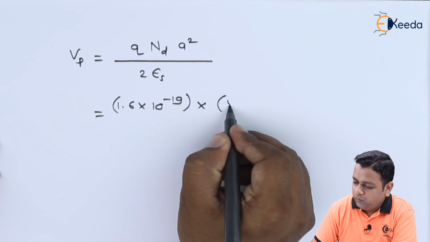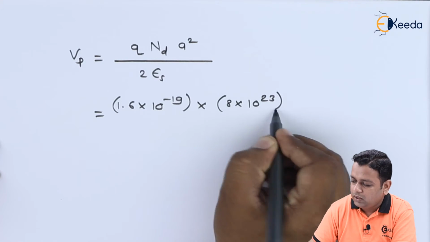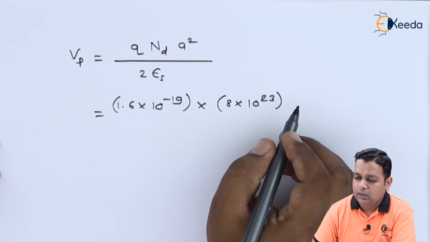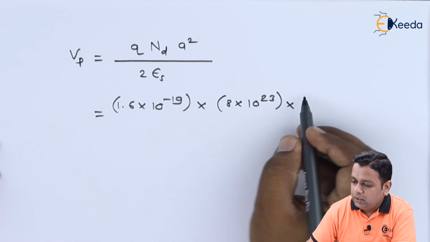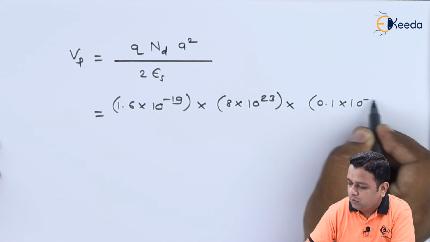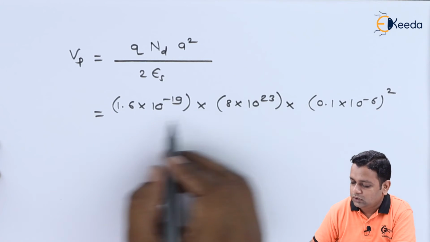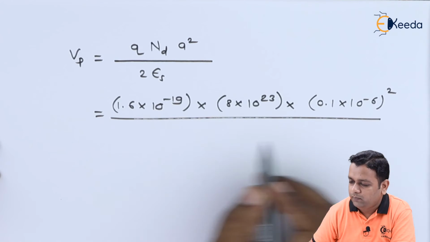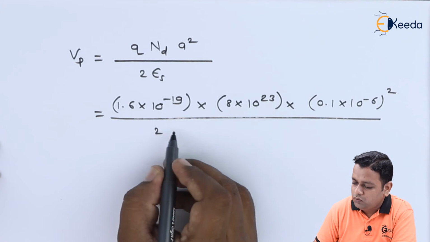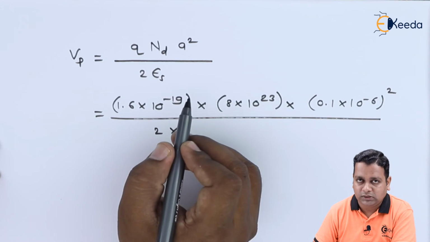Nd can be 8 into 10 raised to power 23, we can make here for convenience of units. Now the numerator has the third value, 0.1 into 10 raised to power minus 6, the measurement of the length, to be squared for a square, and it is divided by, very first of all, 2 into the permittivity or the dielectric constant.